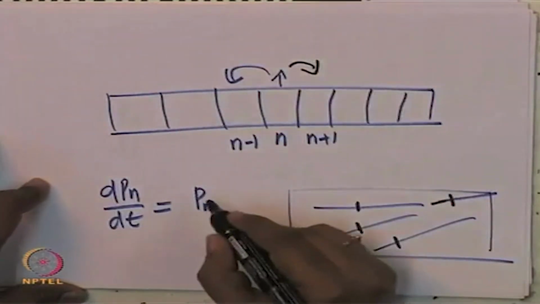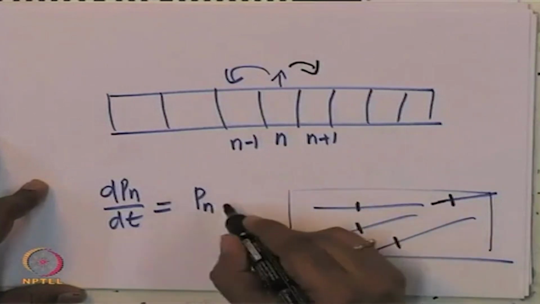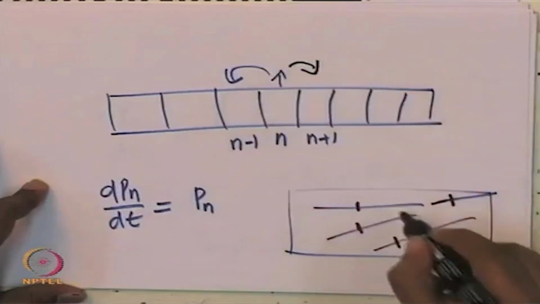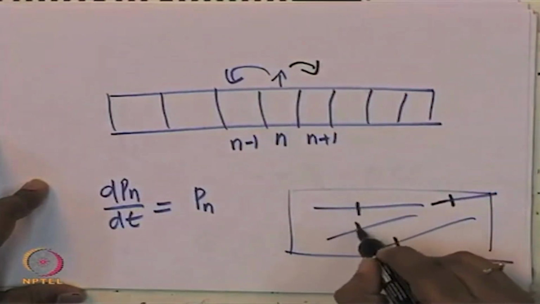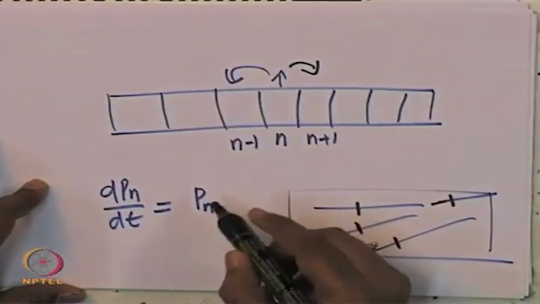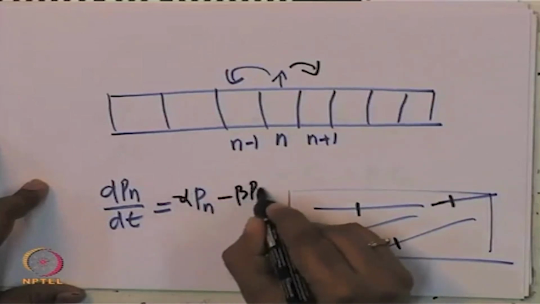If it goes away, then the Pn decreases, the probability to find a molecular motor at a position n decreases. So this is same as minus alpha Pn minus beta Pn.